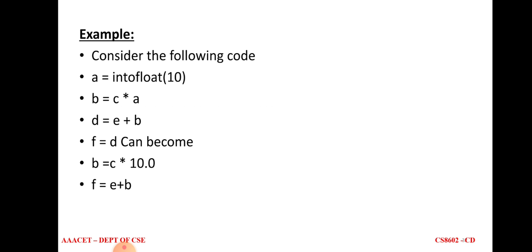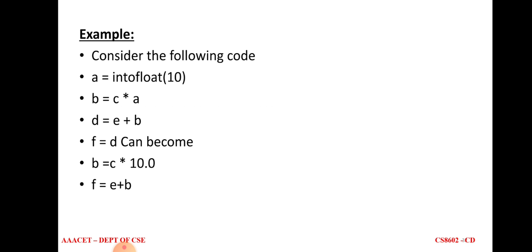Consider the following code. A is equal to integer to float 10, and B is equal to C multiplication A, D is equal to E plus B, F is equal to D, which can be rewritten as B is equal to C multiplication 10.0, because the value 10 for A can be converted by integer to float.